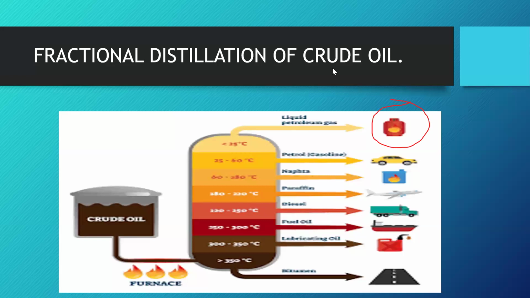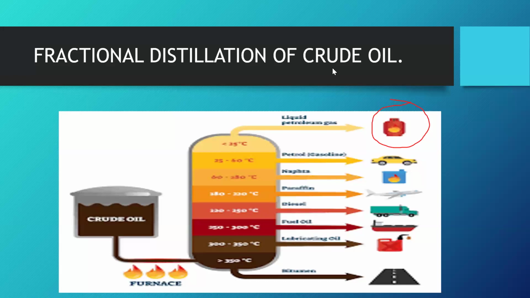So we have natural gas being given off first because it has the lowest boiling point. Of course, these are different trays. And we know that gases have lower boiling points compared to liquids and then solids, because you realize that we say these alkanes exist as gases, liquids, and then solids.